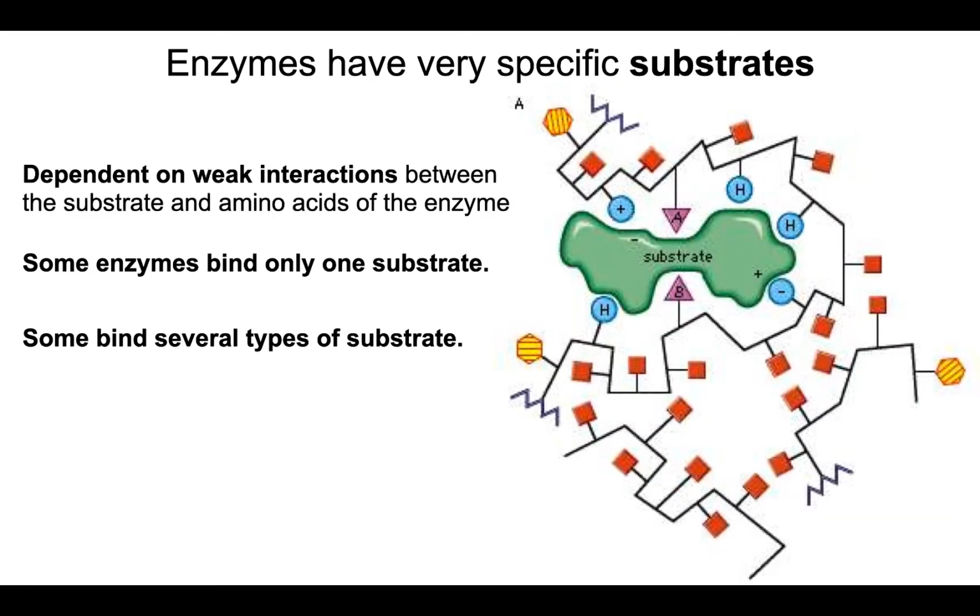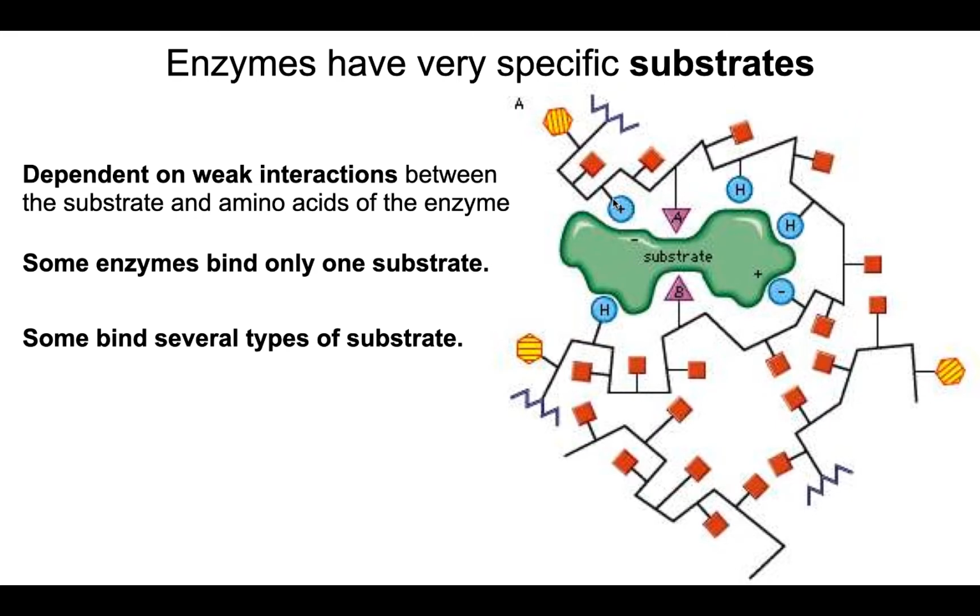Enzymes have very specific substrates, and again, substrates are the name given to the molecule that binds an enzyme. So here, all these red boxes and these hexagons and these H's and minuses, this is all part of a protein. This cleft right here that's holding the substrate, that's called the active site.